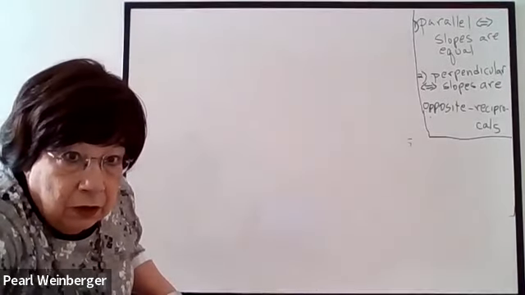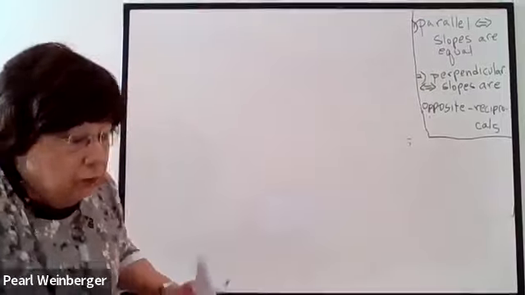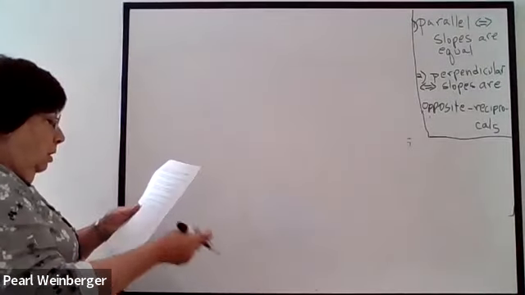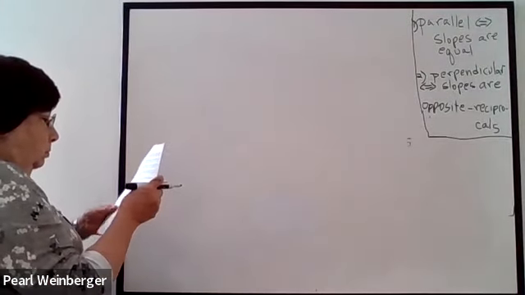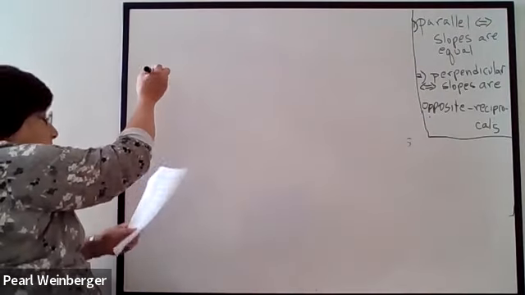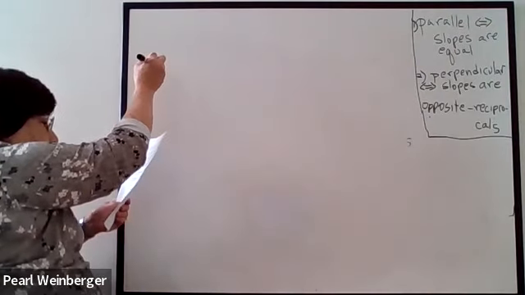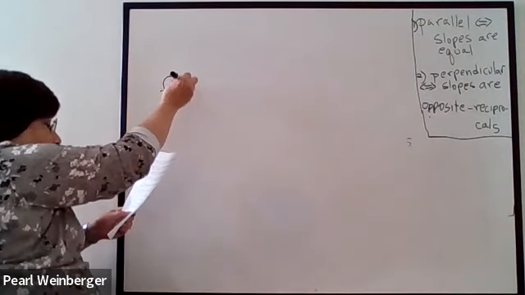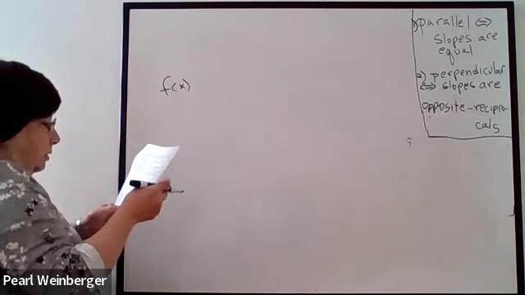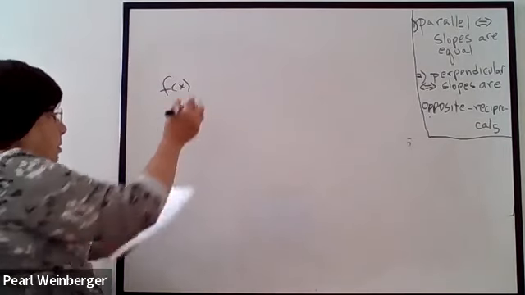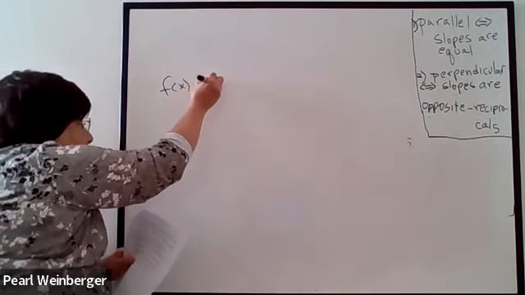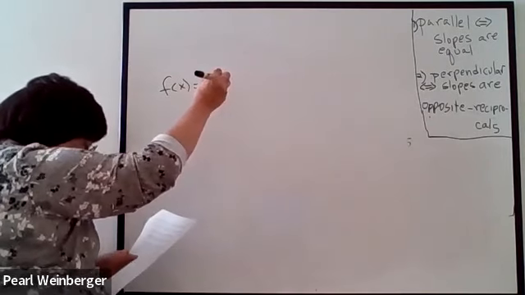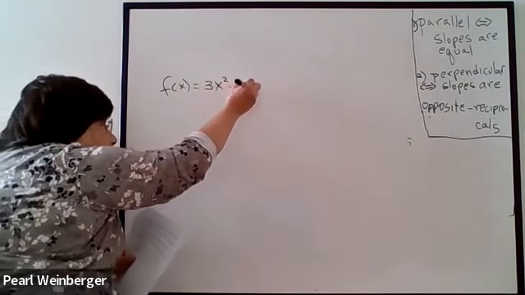Question? Okay, suppose I give you that f of x, this is question number 21 on the example sheet. F of x equals 3x squared minus 2x minus 10.